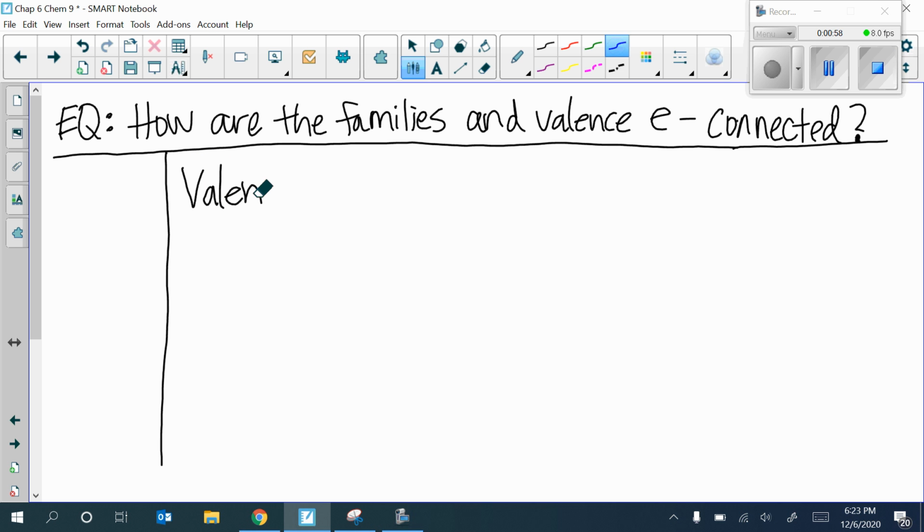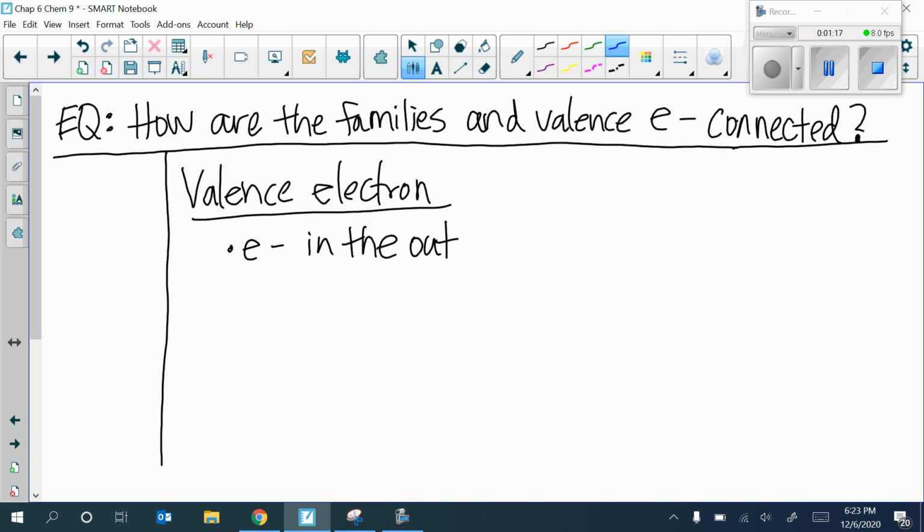So the first thing is we need to define a valence electron. Valence electrons are electrons in the outermost energy level.